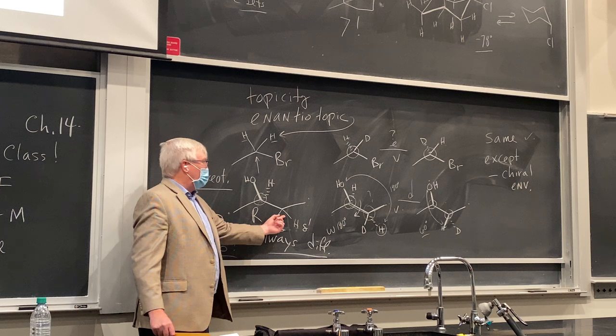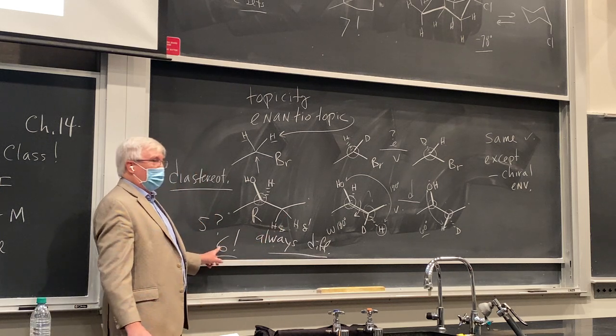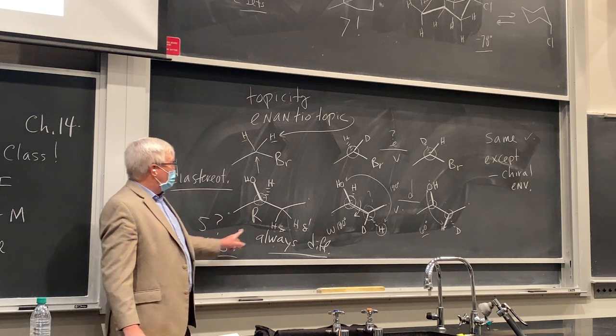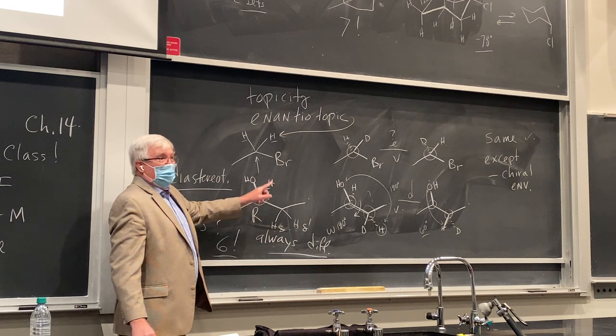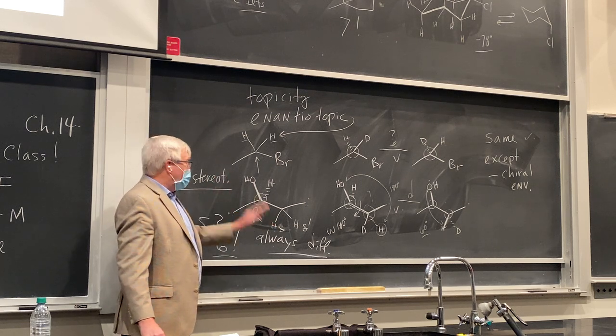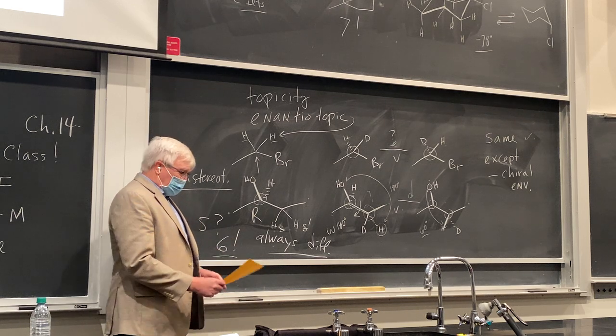But especially if it's right next door, it's always different. You're always going to see that additional set, okay? So under all conditions, if you've got an existing stereocenter, the methylenes typically will be diastereotopic hydrogens on that methylene. Does that make sense?